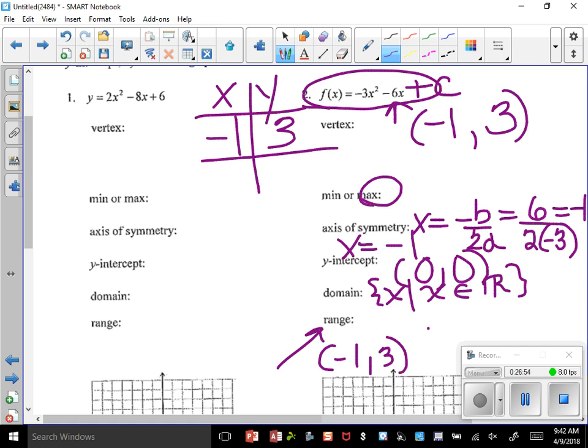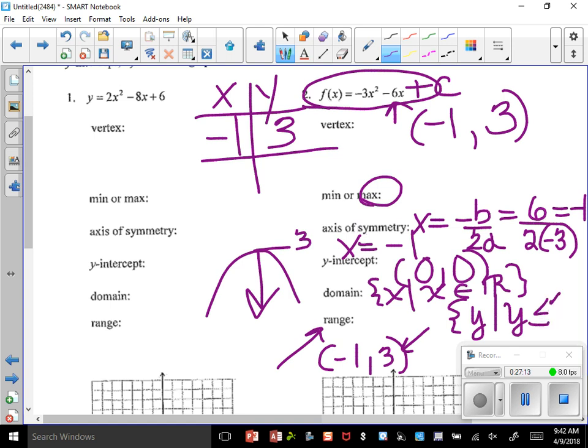Here's the y value right here, because ranges are y values. Since this is going downward, and my y's start at 3, are they going to be getting bigger or smaller? Smaller. So y such that y is less than or equal to 3. Does that make sense?